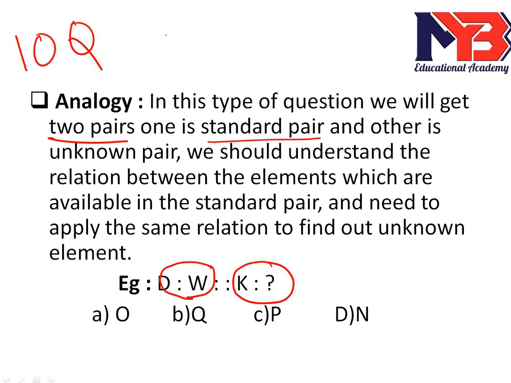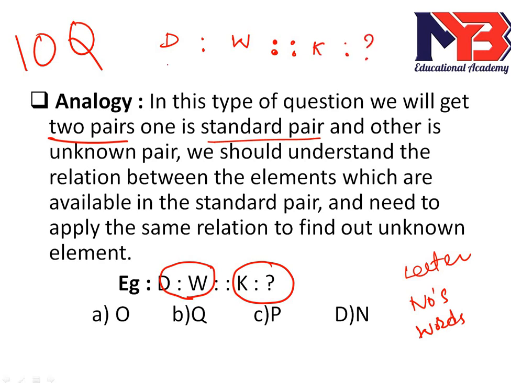The first pair given is D and W, which are letters. As I told you previously, analogy questions can be expected with letters, with numbers, or with words. Anything is possible. So here we have D, W. And next I have K, and what should be the next term is the question.